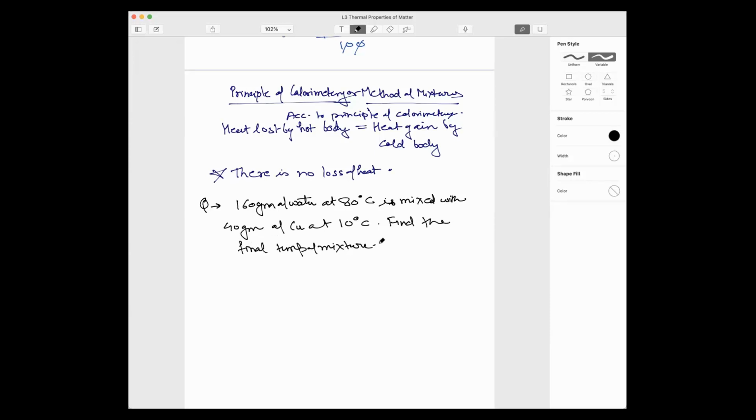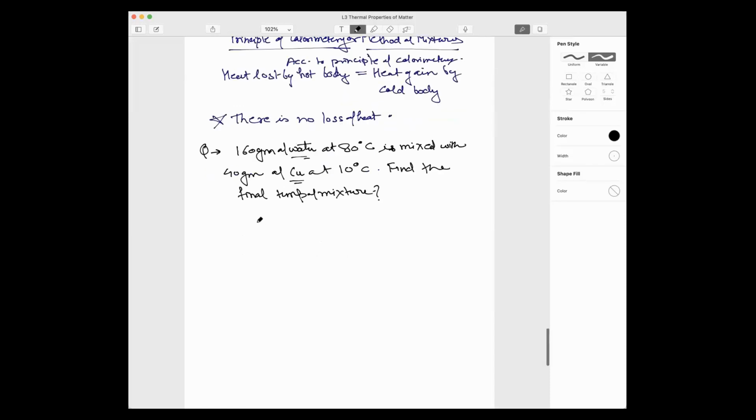That is a dummy problem because copper cannot be directly mixed with water. It's a dummy problem to understand the concept of mixtures and what will happen when there is a transfer of heat. According to the principle of calorimetry, water is at high temperature, so the heat lost by water should be equal to heat gained by copper.